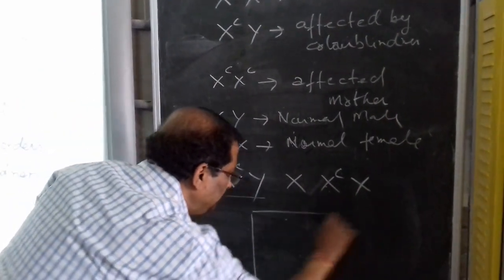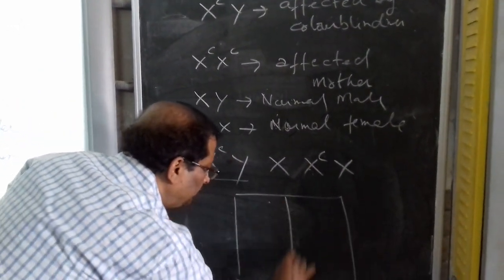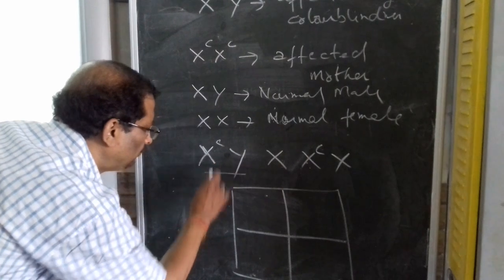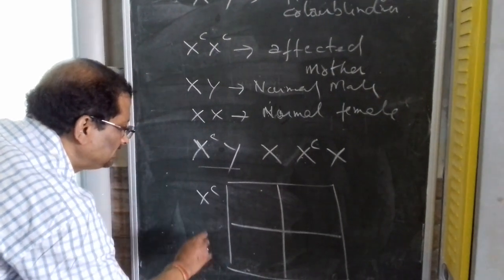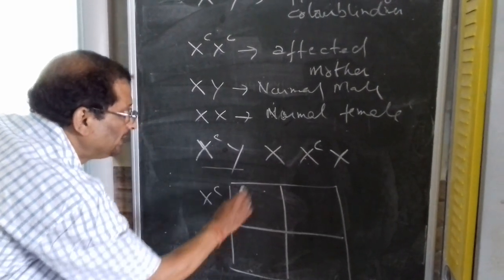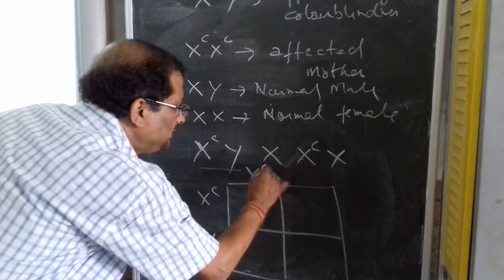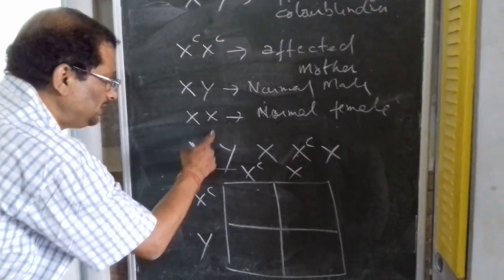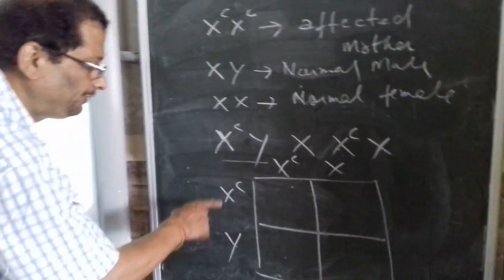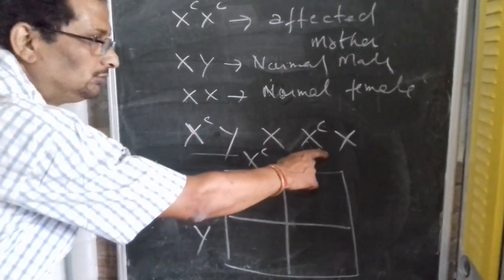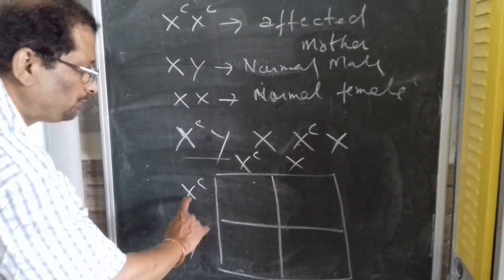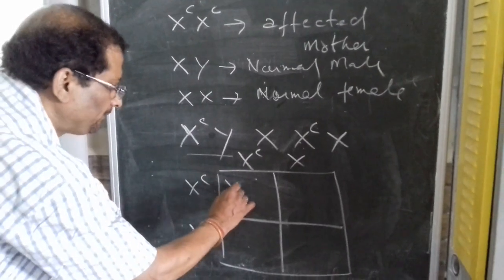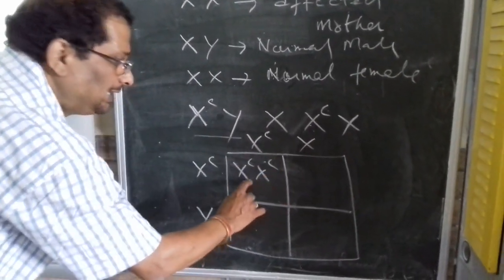Now, during fertilization, what are the factors. This will give XC and Y. This will give XC and X. Because in the gametogenesis or meiosis, they will divide. Half will go to this and half will go to the mother in the ovum. So when sperm and the ovum fuses, XC fertilizes.